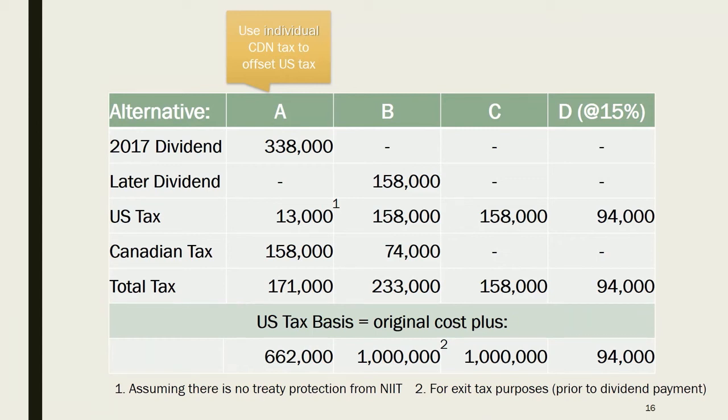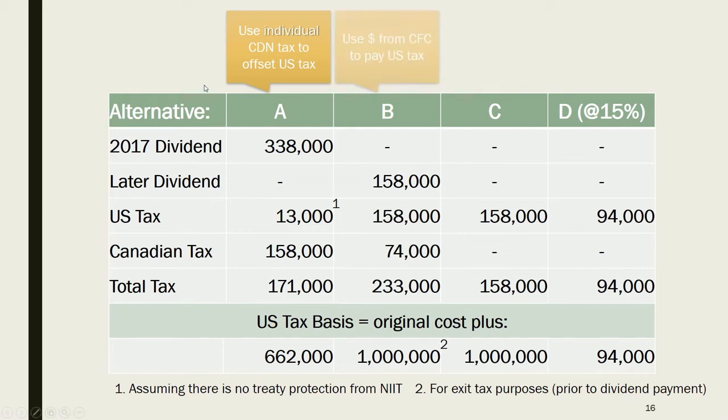Your U.S. tax basis went up by $1 million from the Subpart F inclusion, and then it went down by $338,000 for the dividend, which was not actually taxed for income tax in the U.S., only for net investment income tax. And you're keeping separate books there, which is very, very confusing.